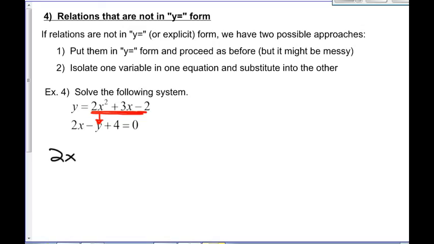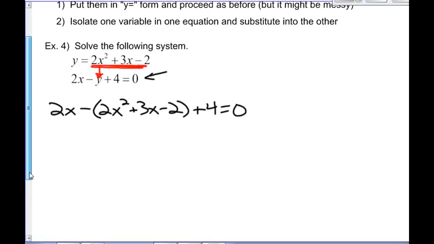So we get 2x minus (2x squared plus 3x minus 2) plus 4 equals 0. I'm using this equation, and I'm just substituting y with 2x squared plus 3x minus 2. From here, we'll get rid of the brackets.